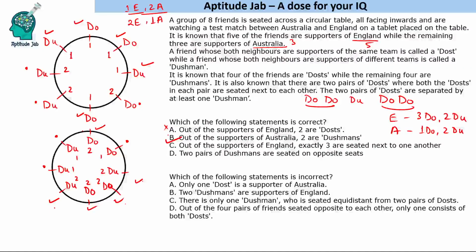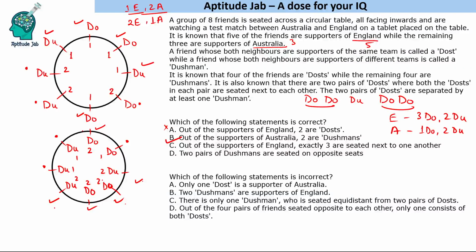Okay, now no need to check others, right? But let's see, out of the supporters of England, exactly 3 are seated next to each other. अब देखो इंग्लैंड के सपोर्टर्स कितने, 1 2 3 4 people are sitting together. In this case also there are 4 people sitting together, so this is wrong. 2 pairs of dushmans are seated on opposite seats. देखो opposite कोई भी दुश्मन नहीं है, right? So dushman is opposite to dost only.